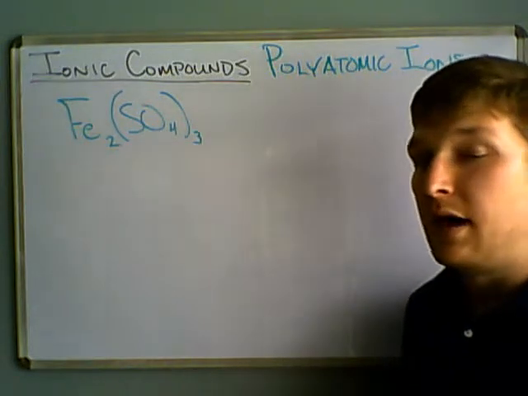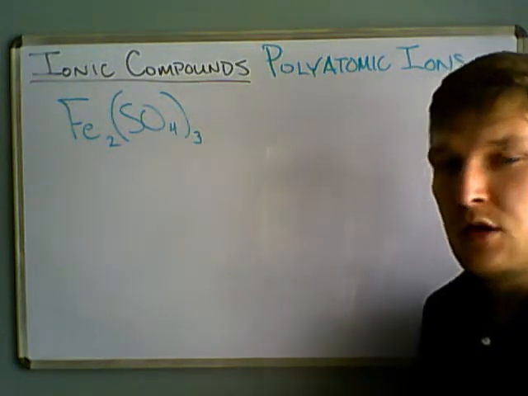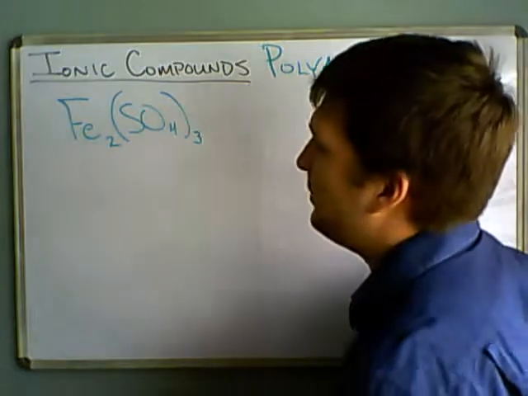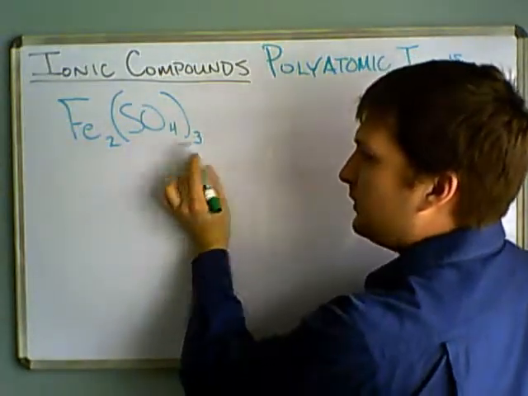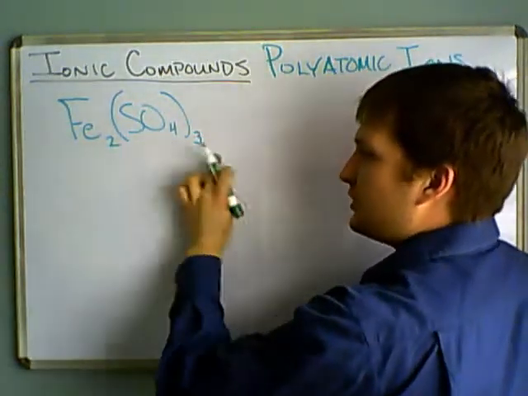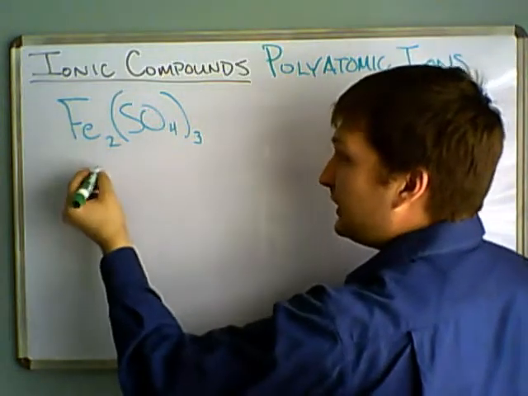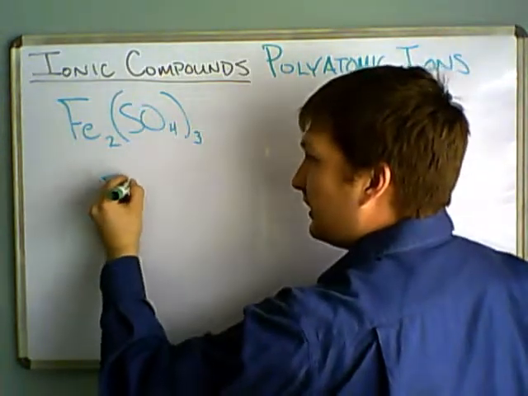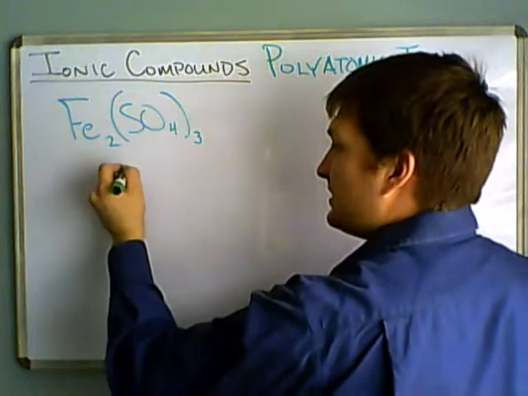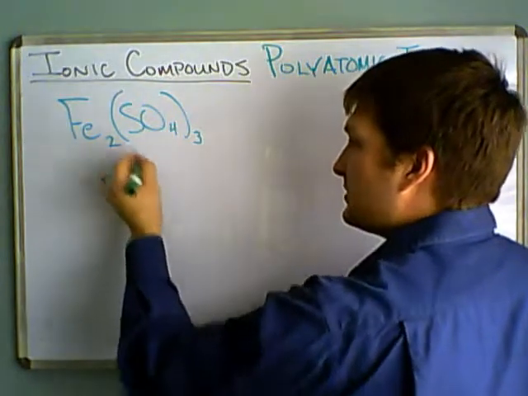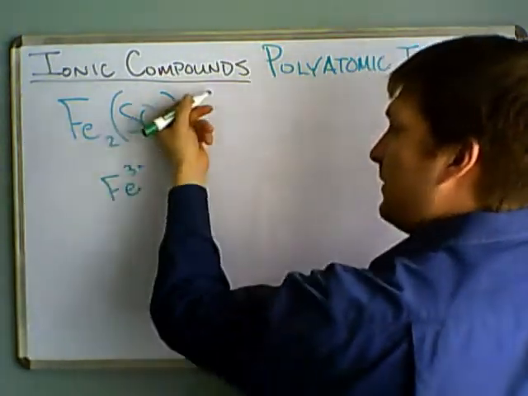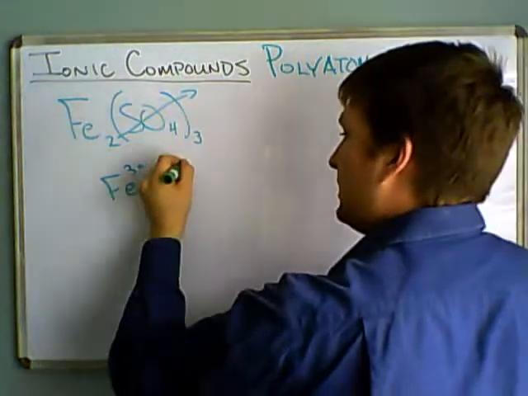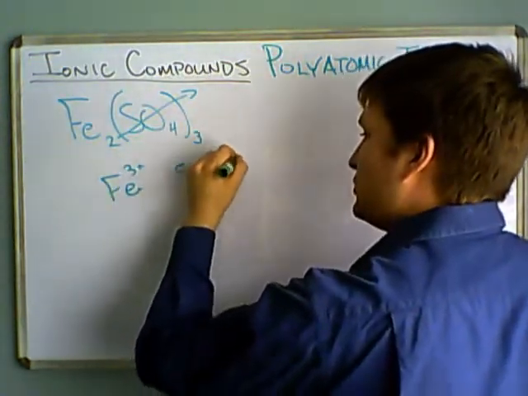It could be iron 3 or iron 2 or whatever. So when I break this up, I need to think, these are different charges, so it could be that this came from here, 3+, and then this one must have gone up, SO4 2-.